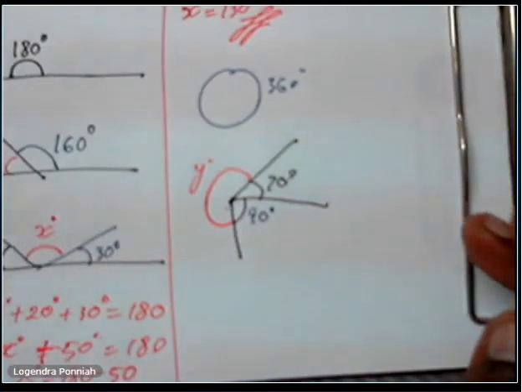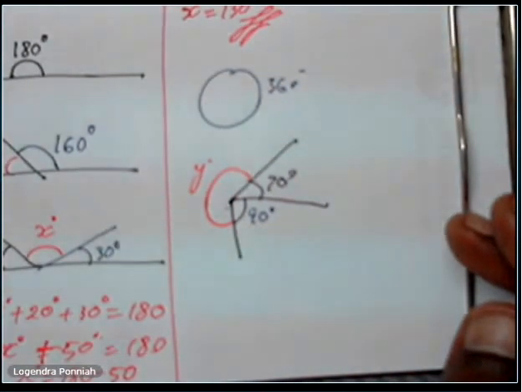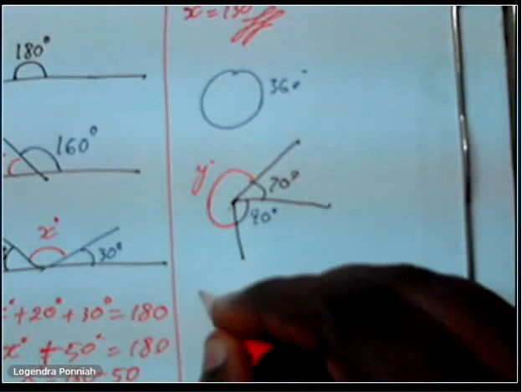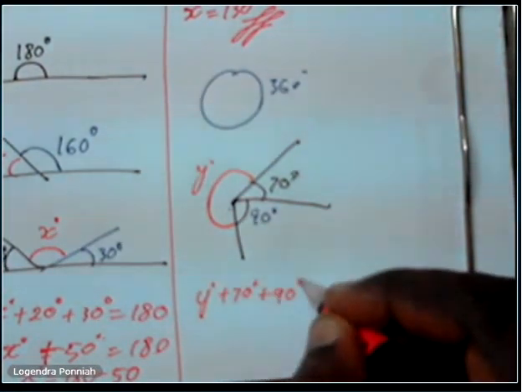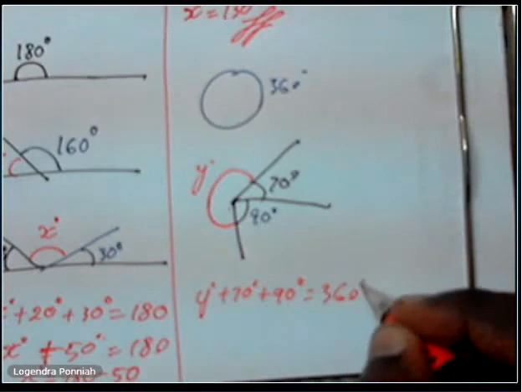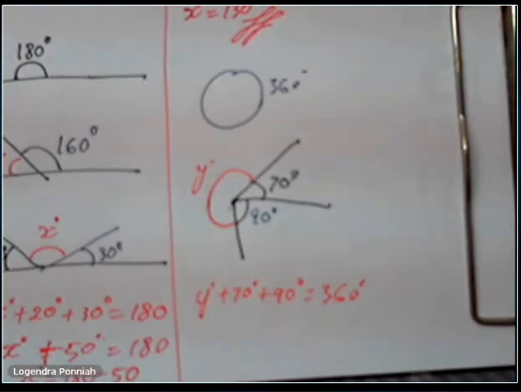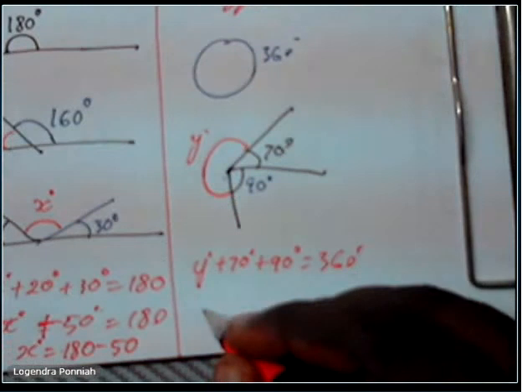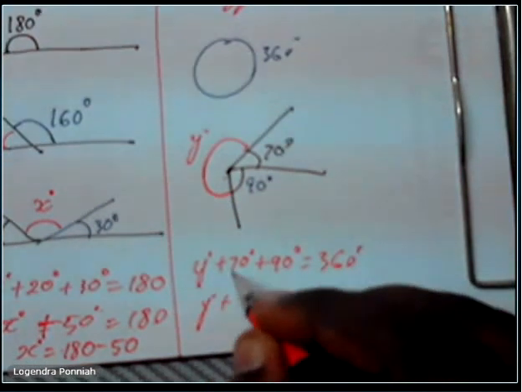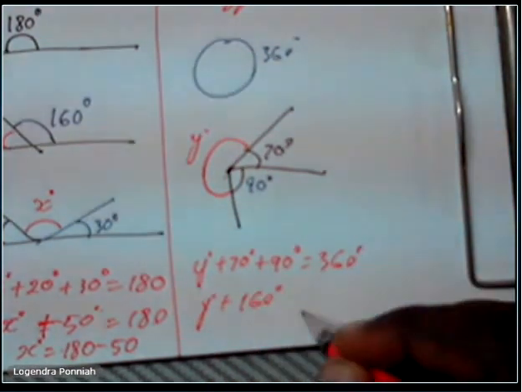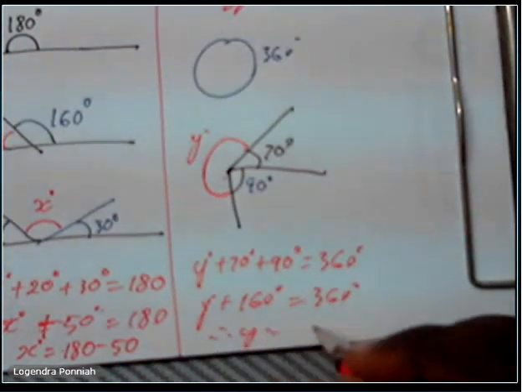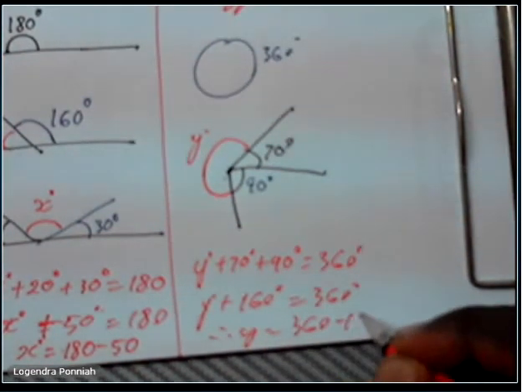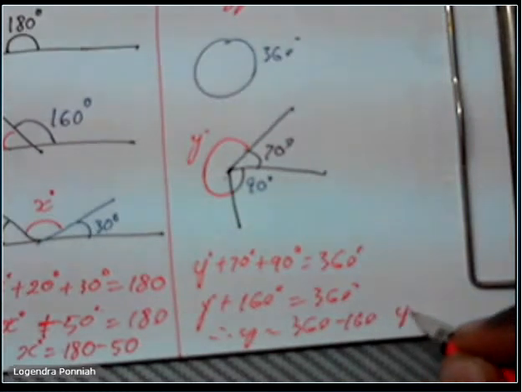How do I calculate y? It is straightforward. y degrees plus 70 degrees plus 90 degrees will give you 360 degrees, because the total of angles around a point is 360 degrees. So y degrees plus 160 degrees equals 360 degrees. Therefore y equals 360 minus 160, and y will be 200.